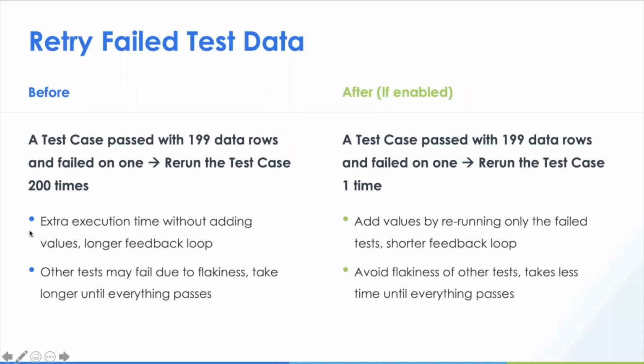On the other hand, it will increase the execution time unnecessarily, which will mean that you receive feedback much later, and you have to run everything. And the more tests you have to run, the more likely that some tests are going to be flaky, and you're going to have to execute the whole thing again. So in 7.5, if a test case binds to, let's say, 200 data rows, and one of the data rows fails the test case, you can select to rerun the test case only one time, corresponding to the failed test data.